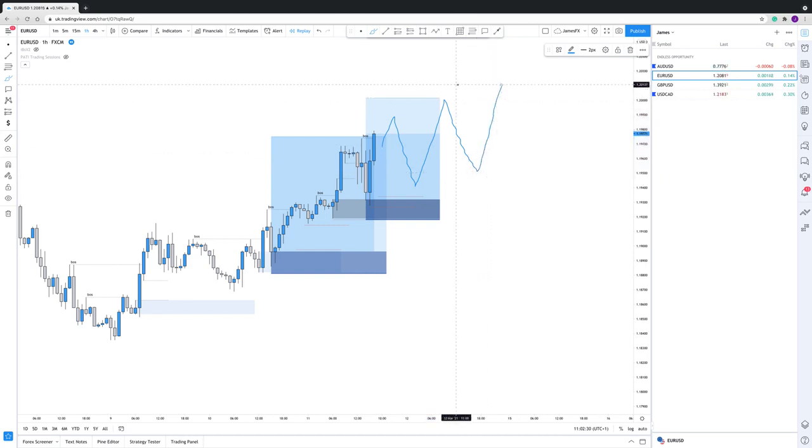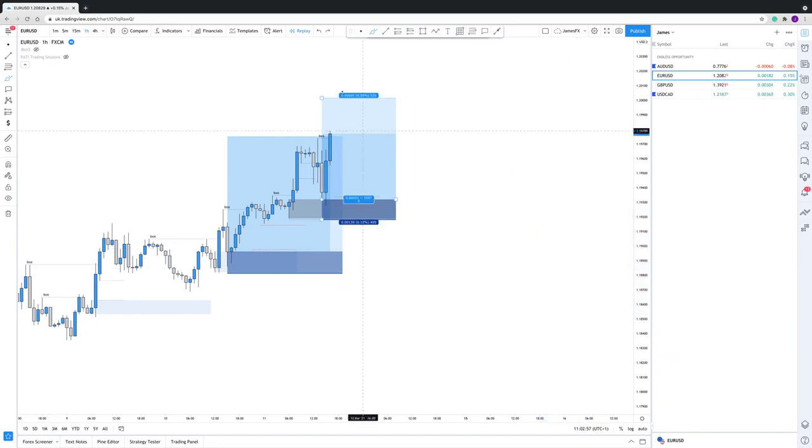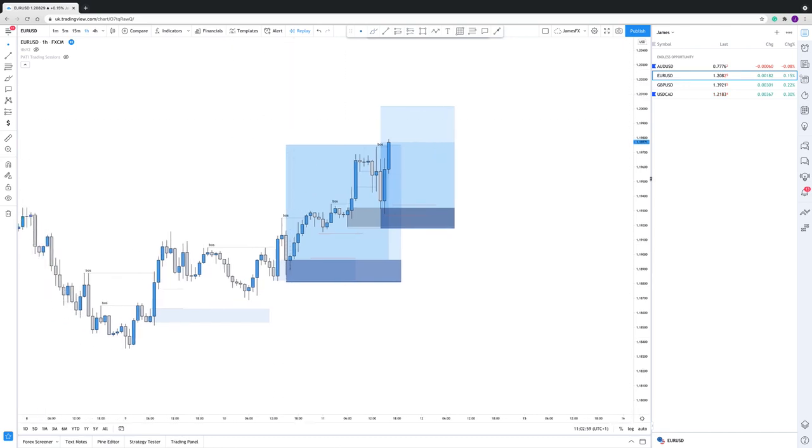Now if we keep seeing this, and we want to keep seeing this, if we are to see price push down below this higher low, then the expectational order flow comes to an end, and we can see price start to sell off. But let's keep going and see what we get.